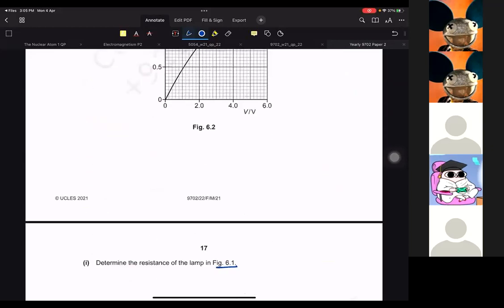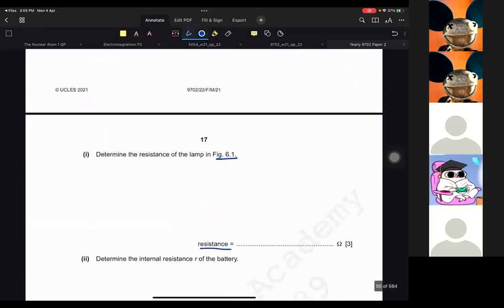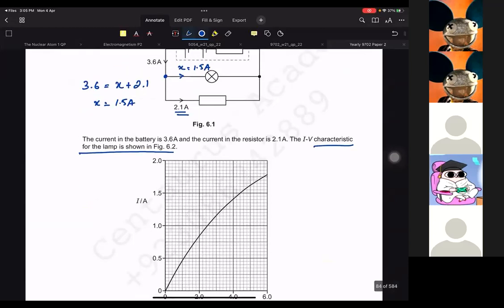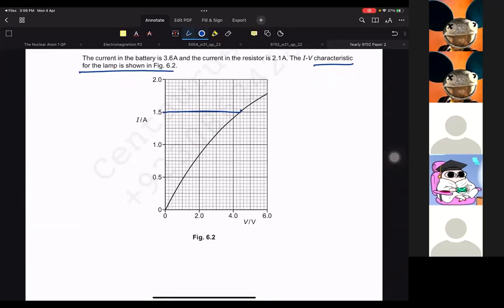Now what you do, it says calculate the resistance. So for resistance, we must have the voltage, and the graph is given. So I'm going to go to 1.5, check this, and then check what the voltage is at this point. Now, as you can see, this is 5, so this should be 4.2, 4.4. So at this current the voltage is this.